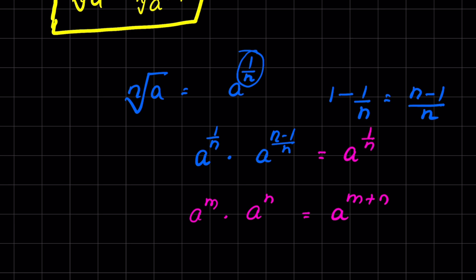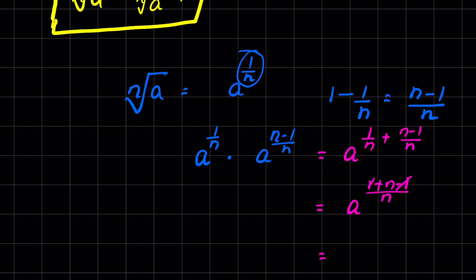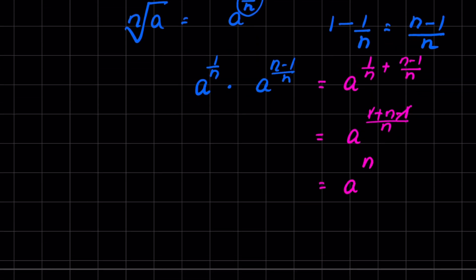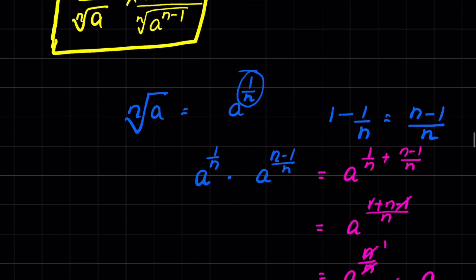So a raised to the power 1 upon n plus n minus 1 upon n, and this will become a raised to the power n upon n, since 1 plus n minus 1, this one and this one gets cancelled. It becomes a raised to the power n upon n. N and n gets cancelled. It's 1. So it becomes a.